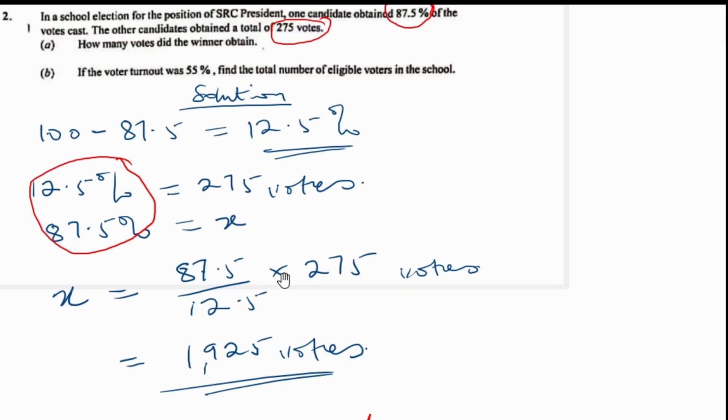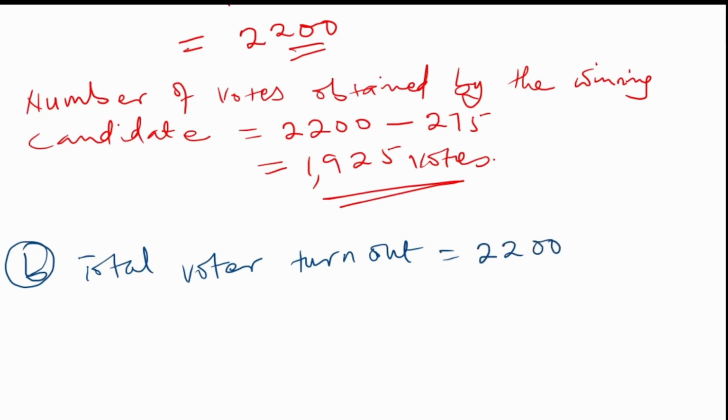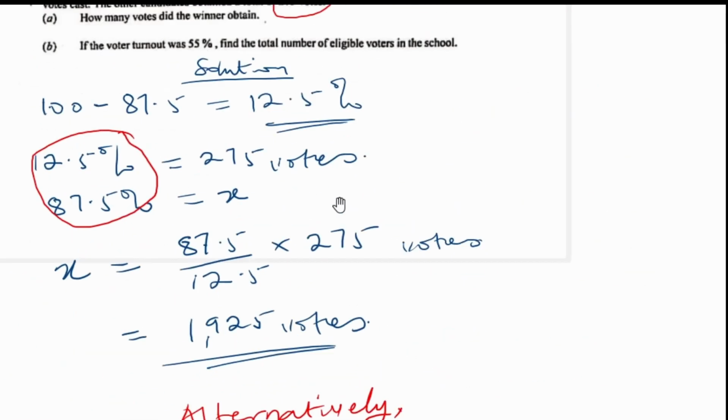So let's take the second part of the question. If the voter turnout was 55%, find the total number of eligible voters in the school. Right, so now we know the total voter turnout is 2,200 voters, and they said that is 55% of the total vote cast.